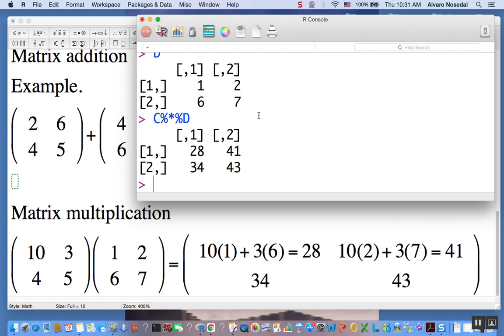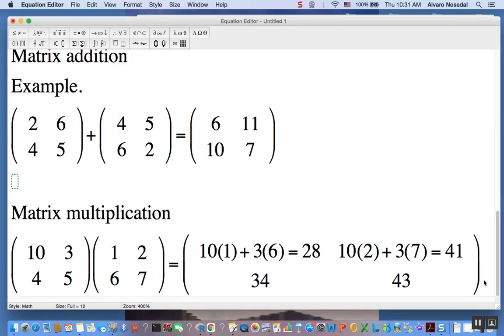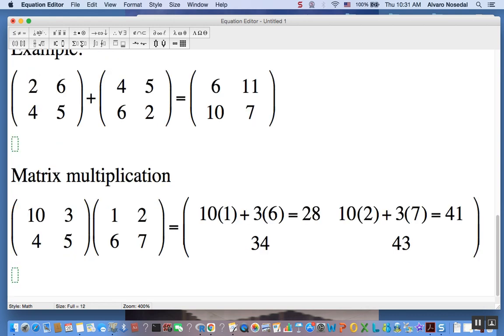Keep it in mind. In this case, the pre-multiplication matrix, C, has 2 columns, and the second one, the matrix D, has 2 rows. Since those dimensions match, then we can do it. Otherwise, we wouldn't be able to do it.